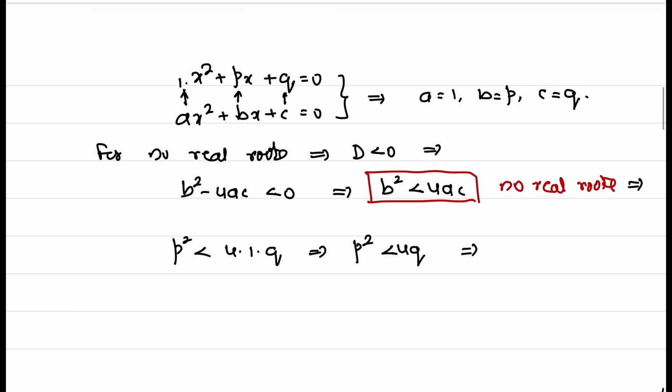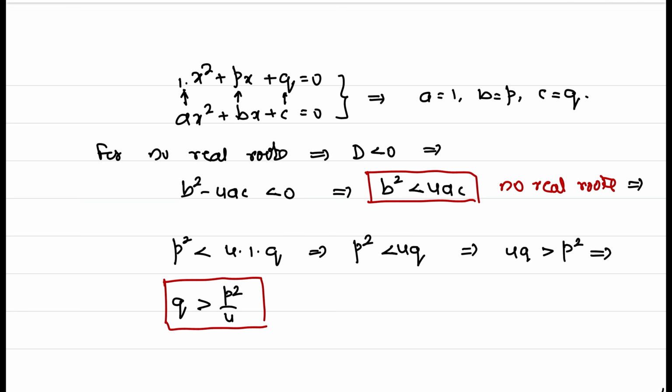When you change the left hand side to right hand side, then automatically the inequality also changes. That means 4Q is greater than P². That implies Q is greater than P² by 4. This is the condition we have got from the given equation.